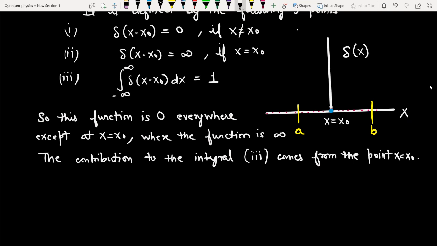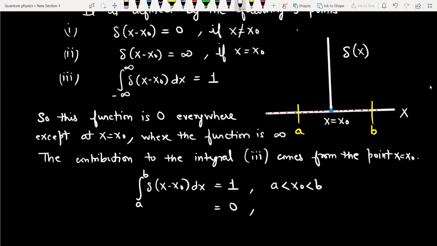So I may use this: you can integrate this expression between a to b, delta of x minus x naught dx. This is also 1. The only condition being that this x naught should be between a and b. Otherwise, this function is 0.